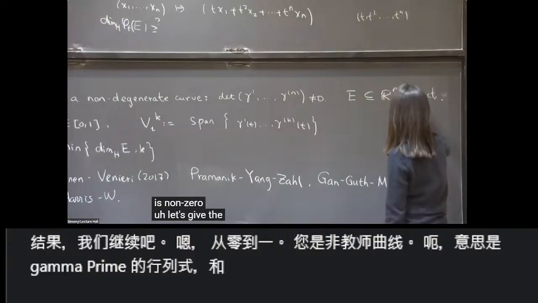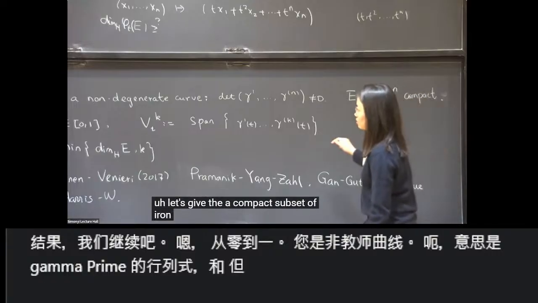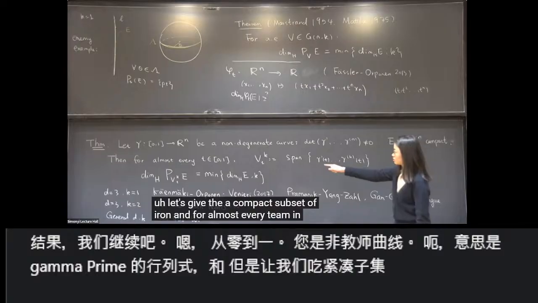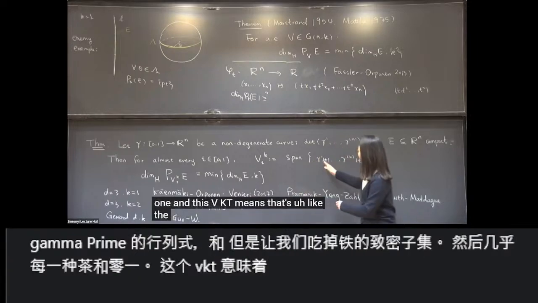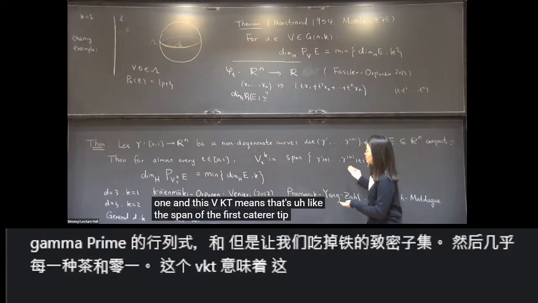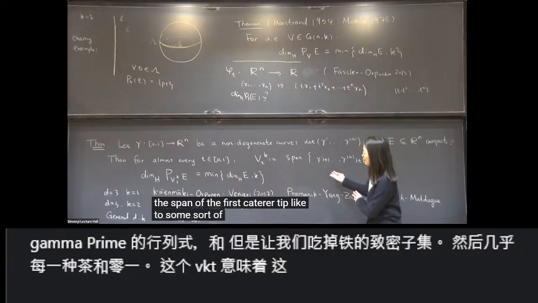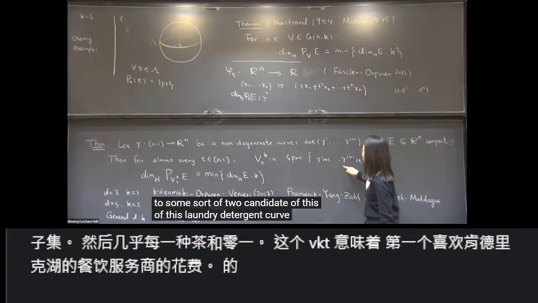Let E be a compact subset of R^n. Then for almost every t in [0,1], and V_{k,t} means the span of the first k derivatives, some sort of k-dimensional tangent plane of this non-degenerate curve at point t.